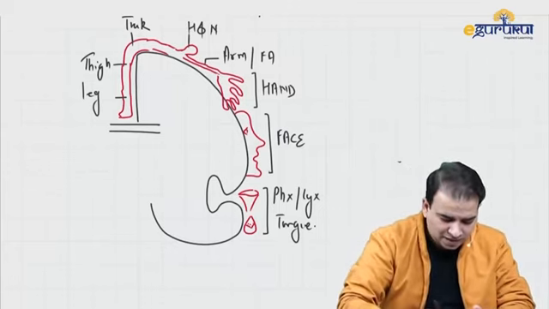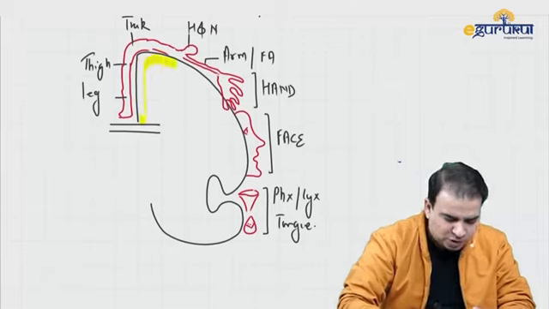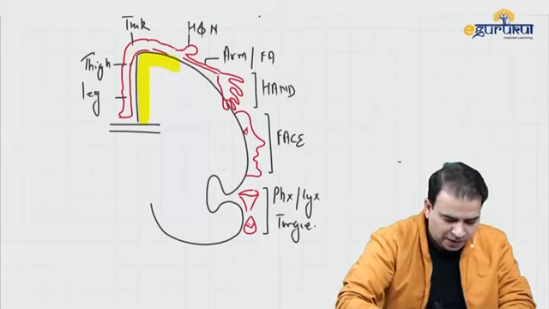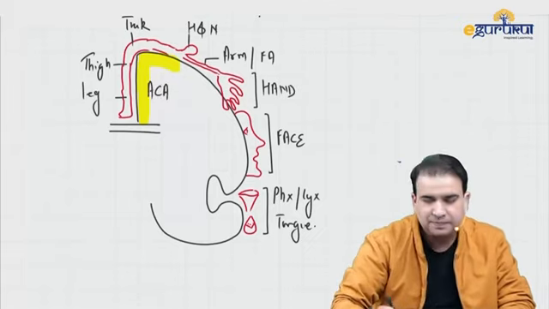Although we will discuss that artery in a while, just to tell you, the medial surface and some part of the superolateral surface is supplied by the anterior cerebral artery. This is the area I have highlighted here. It is the area of the anterior cerebral artery.